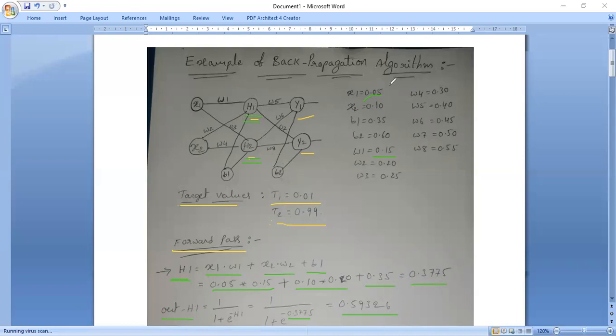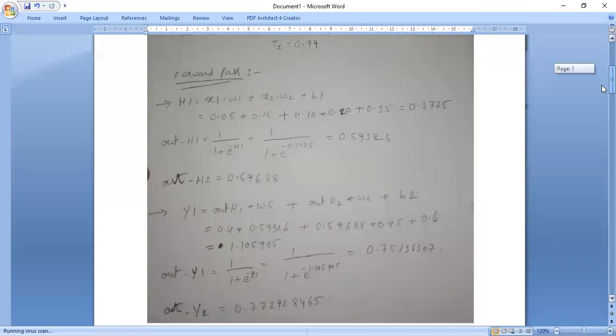In the same manner, we calculate h2, applying the same approach with its values. The output value of h1 is 0.59326.